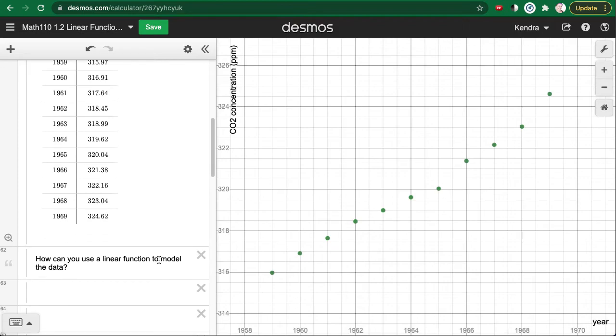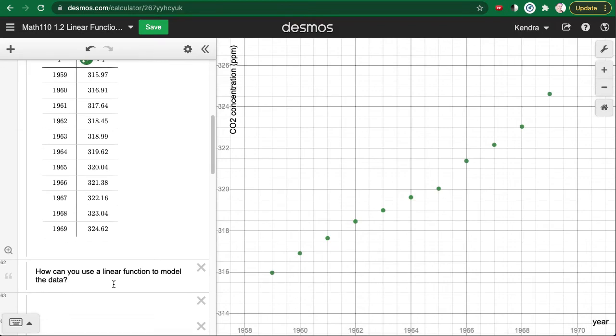So we might be able to model this data, like what things do we observe are happening here? This looks roughly linear. And I want to actually use that 1959 as an anchor point here for our data.